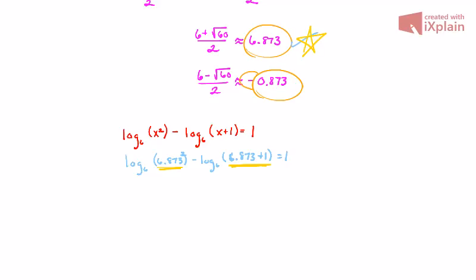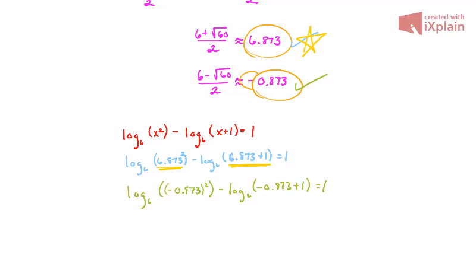The next one, let's check. If we have the log base 6 of negative 0.873, which will be squared, minus the log base 6 of negative 0.873 plus 1 is equal to 1. Let's double check this.